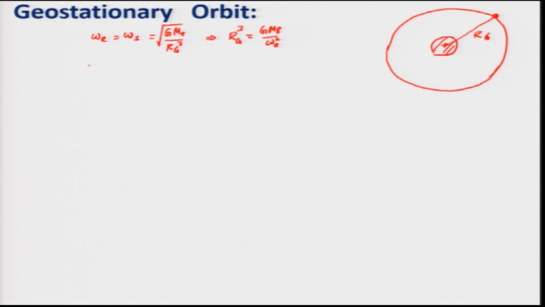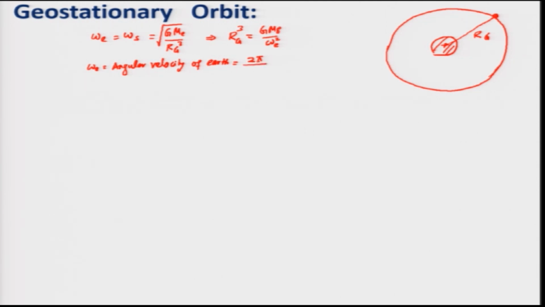The angular velocity of the earth is basically 2 pi into the time period. The time, as I told, is 23 hours 56 minutes and 4 seconds, but if you take 24 hours, the number we get will not be right.